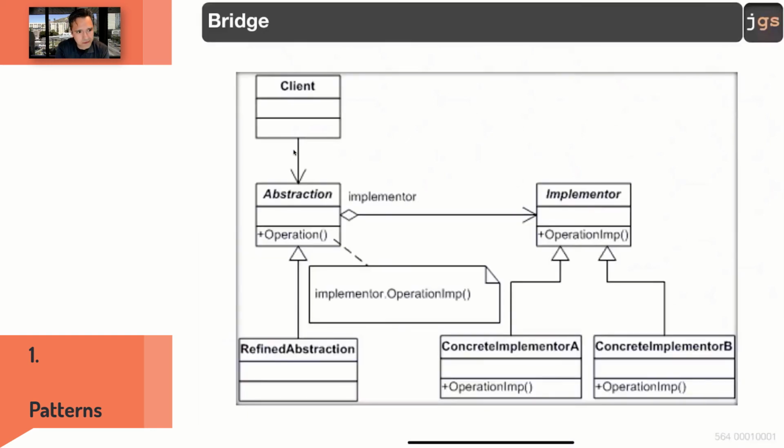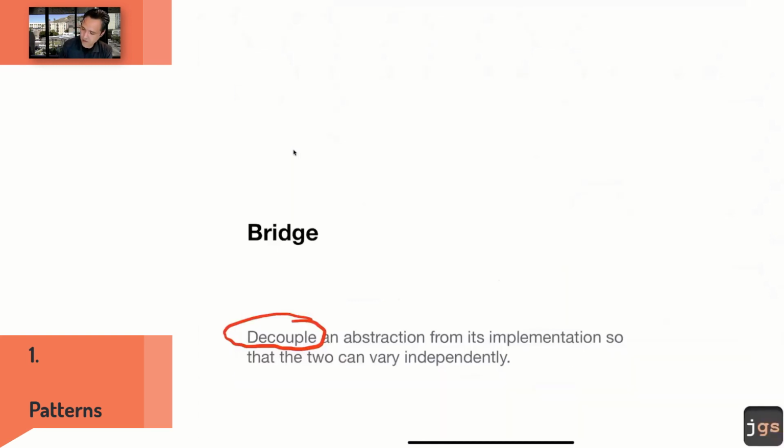Like before, the class diagram. Which part here do you think is the key idea, the one that is the most important in order to accomplish this definition, the coupling? The coupling, one abstraction from the implementation, so they can be independent.